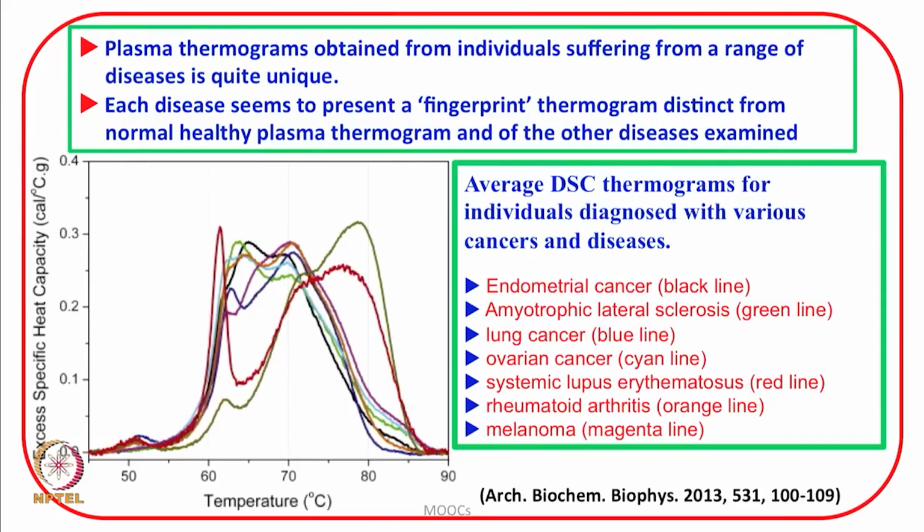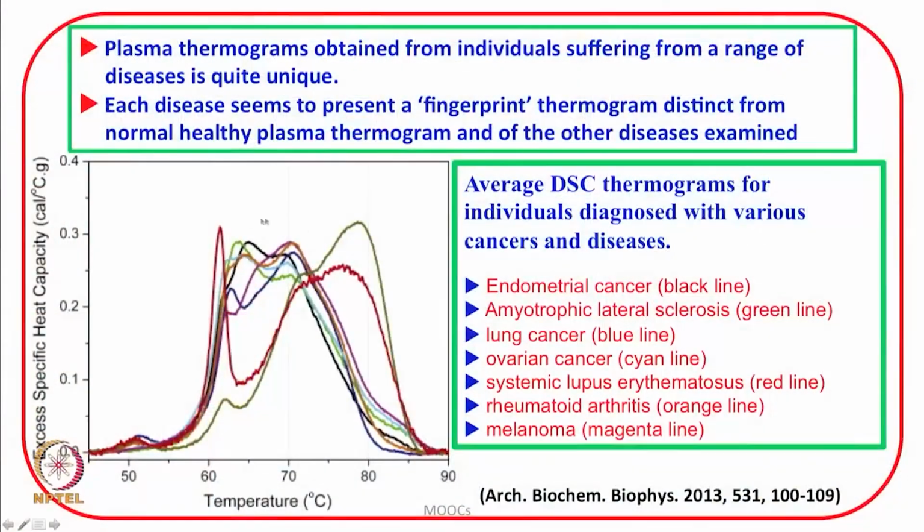So, in other words, what I want to stress here is that differential scanning calorimetry has a lot of potential in contributing to health sciences. As we just saw in this figure, the plasma obtained from people who were suffering from a range of diseases shows different thermograms.